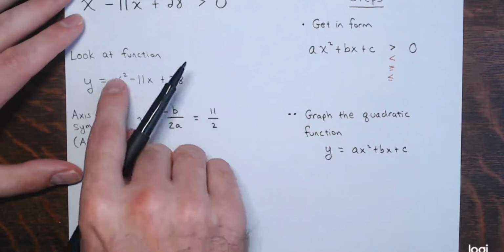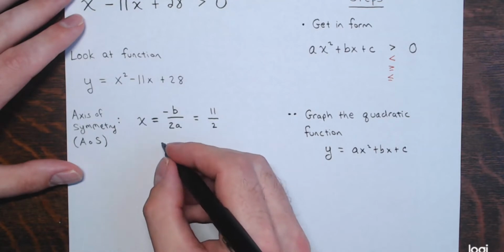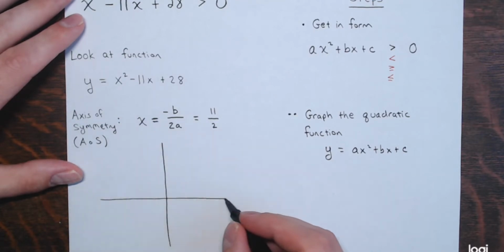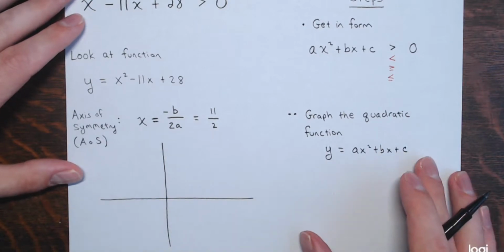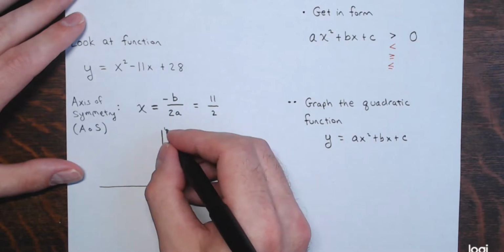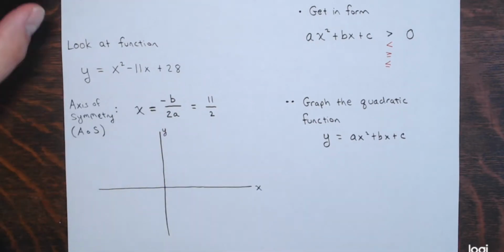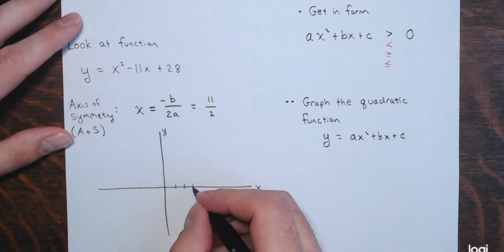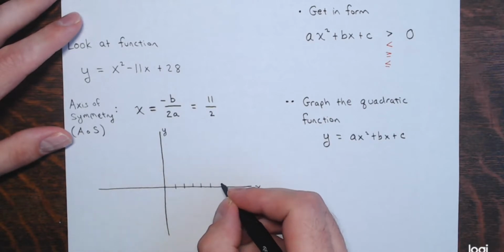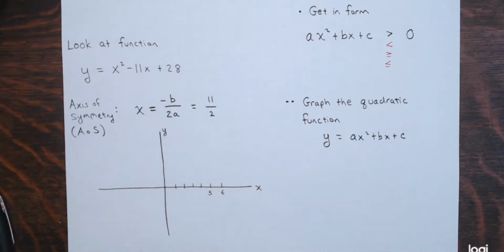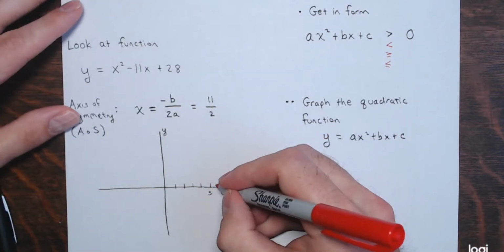And then I'll start making a graph. Just going to do a rough hand sketch of this function here. X-axis, y-axis. Now 11 halves is 5.5. So here's 5, here's 6. 11 halves would be right in the middle of those two.